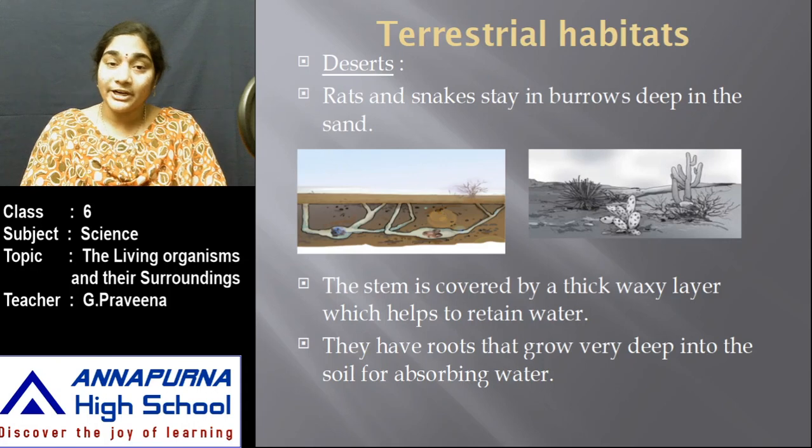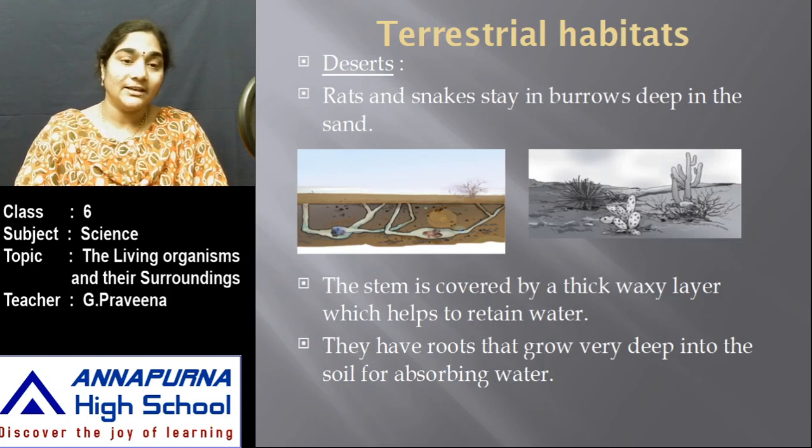So as to minimize the effect of transpiration, these leaves are reduced to spines. And even the stem, which is green in color, undergoes the process of photosynthesis. So these are a few adaptations seen in plants and animals that live in a terrestrial habitat, that is, in deserts.